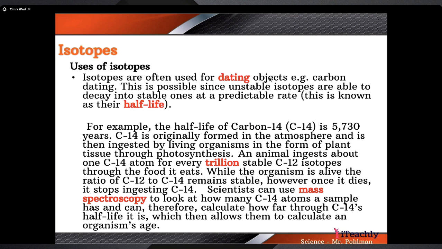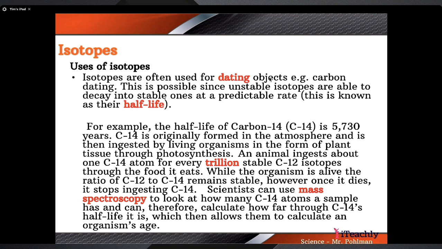So while those animals are living, they continue to take in carbon-12 and carbon-14. That remains stable throughout that organism's life because as that carbon-14 is breaking down, it's also taking in more carbon-14.